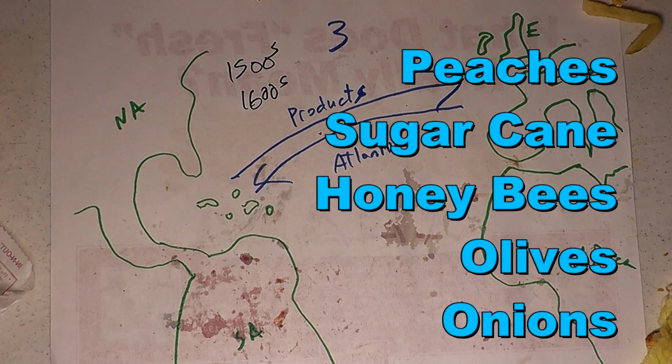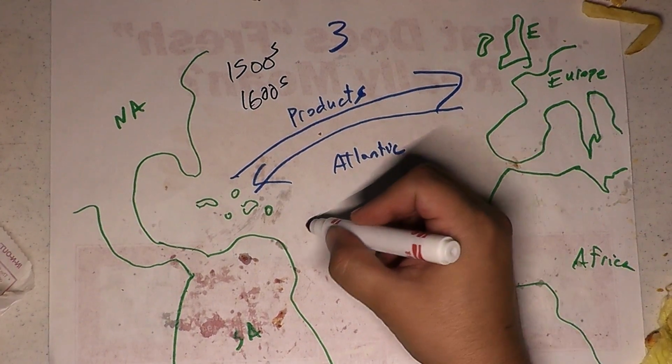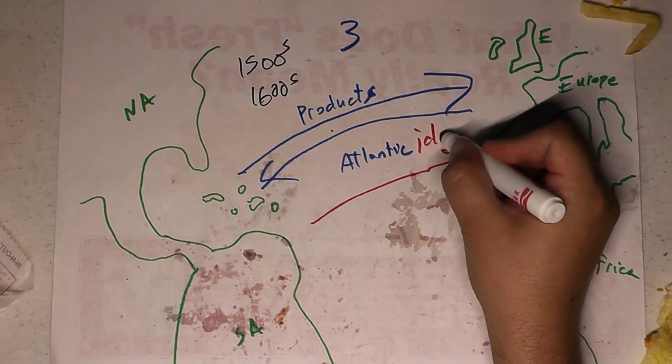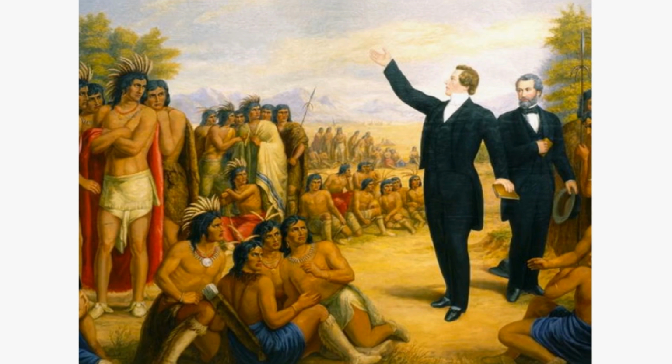But it wasn't just products. Another thing that was exchanged were ideas. Now, the exchange of ideas you can look at as good, bad, or ugly. For example, you had the religion exchange, where many Europeans came to convert the barbaric Indians to their European religions.